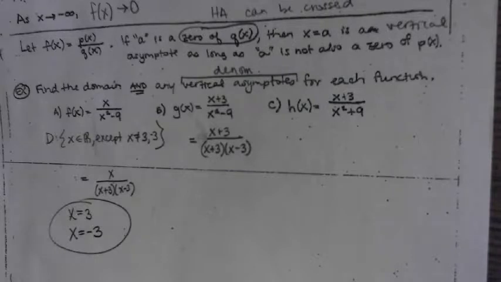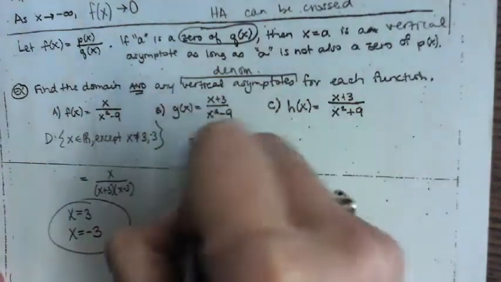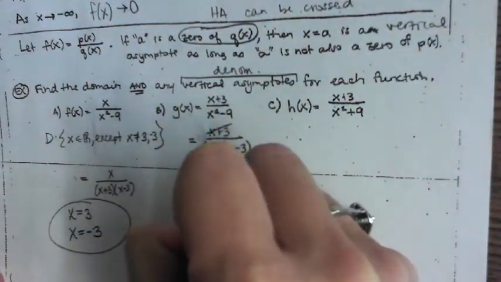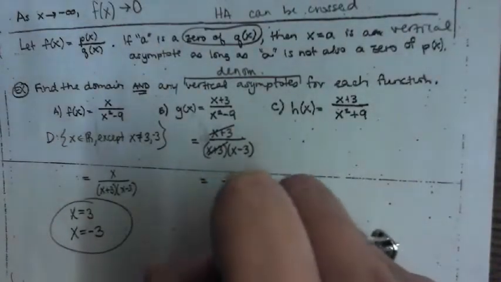Negative 3 is a 0 of the denominator, yes, but it's also a 0 of the numerator, in which case it's not going to be a vertical asymptote, because if you were simplifying, that would cancel. Negative 3 is not an asymptote. The only asymptote is x equals 3.